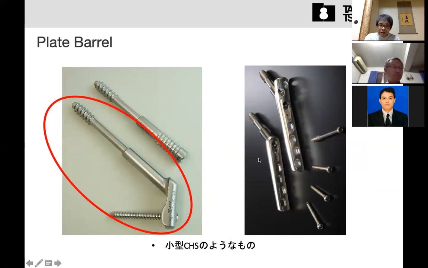But adjusting this divergence of the plate on the lateral cortex is very easy in trochanteric fracture, because the bone around here is already broken. So we can easily change the angle. But in femoral neck fracture, the bone around here is intact. So we cannot change the angle between this area and this area.